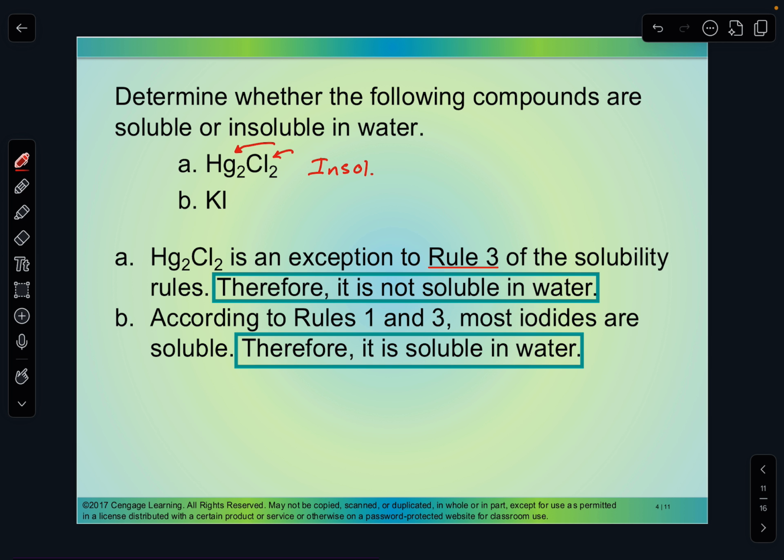And I'm just going to use that as the abbreviation. Potassium is a group 1 metal. This is an alkali. This is a halogen. This is exceptionally soluble, and so it will be soluble in water.